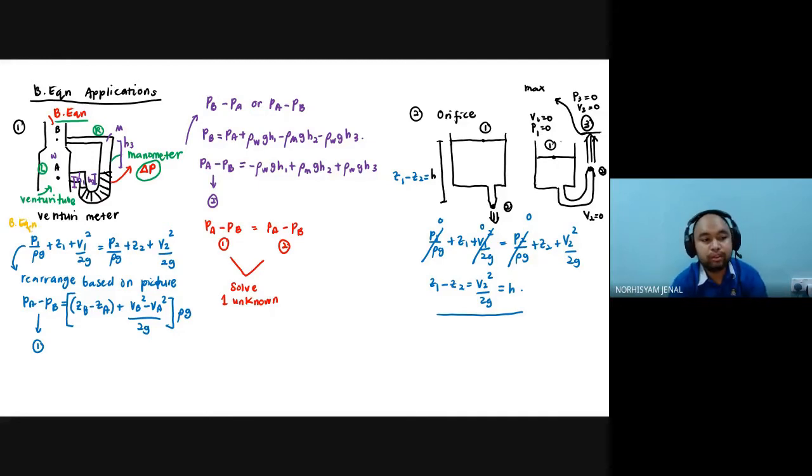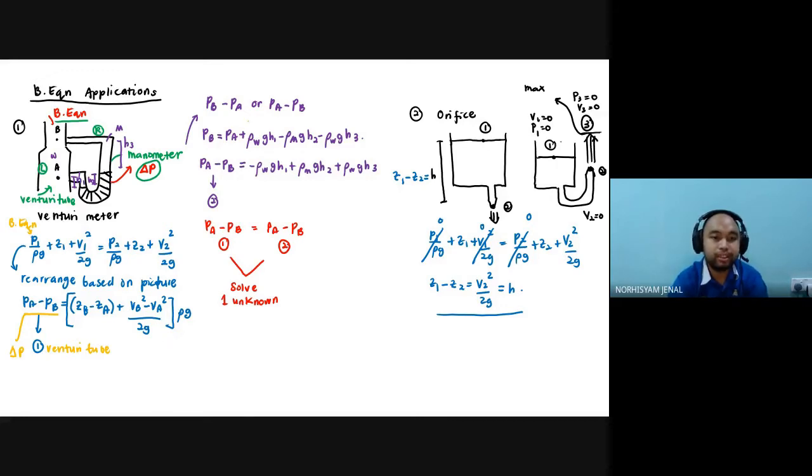If you have a question like this, with a Venturi tube and a manometer, we rearrange based on the picture and find out what PA minus PB is, which is the delta P. For the Venturi tube, ZB and ZA can cancel out depending on the question, and the VB over VA should come from your continuity equation.